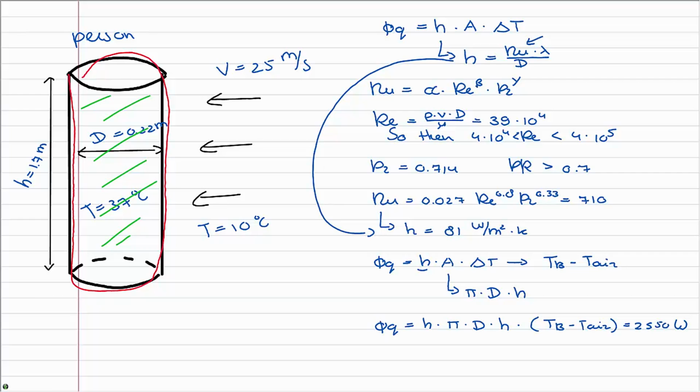So really an important thing in heat transfer is also where is the resistance, right? And probably the resistance is not in the convection right now, but inside the person. So that is why we get such a large number, and this is not really a realistic case.